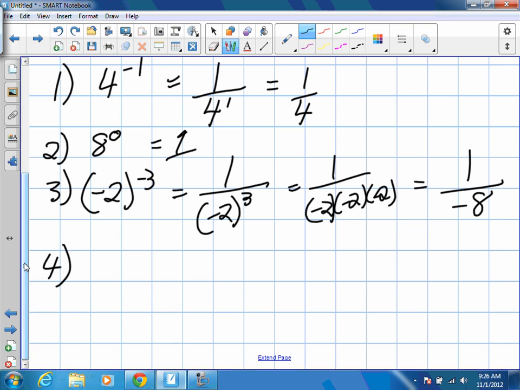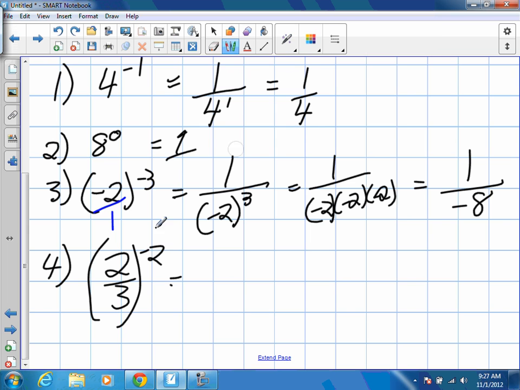2 over 3 to the power of negative 2. Okay. Now, this one could seem a little tricky, but technically, I want you to remember, we talked about how these are technically fractions, negative 2 over 1, right? A whole number can be a fraction like that. So all we've done to make the exponent positive is flipped our fraction. Now, in this case, we don't have a 1 on the bottom, we have a 3. So we're going to flip our fraction. Okay.